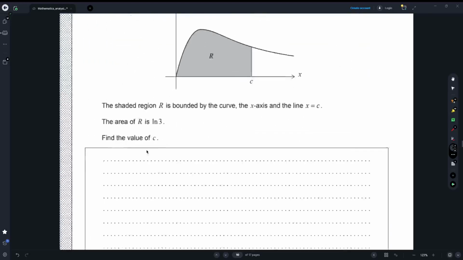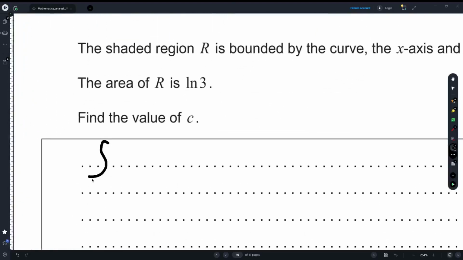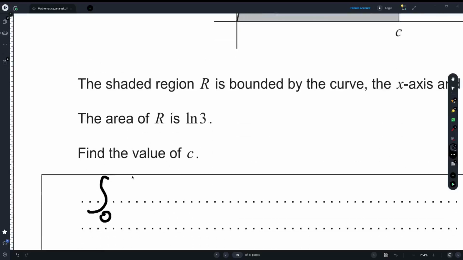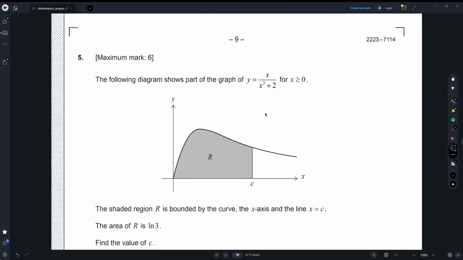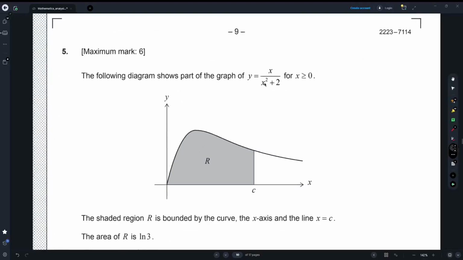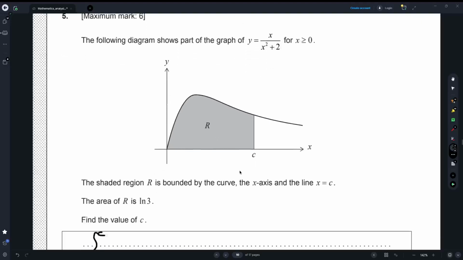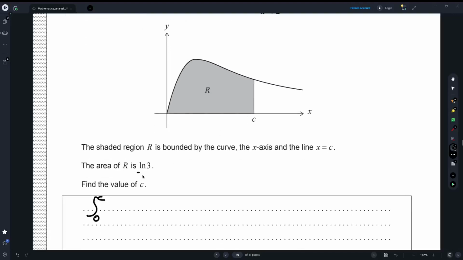It's 6 marks. You want to say that the integral from 0 to C of this function, the area R bounded by the curve, the x-axis, and this line right here, is natural log of 3.